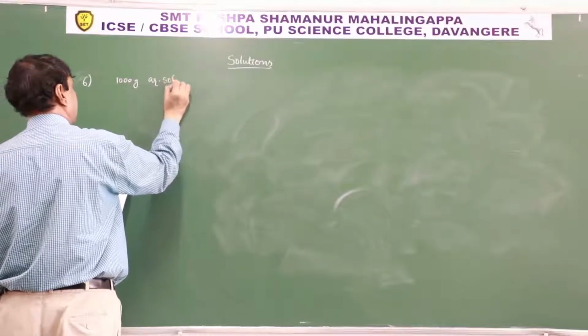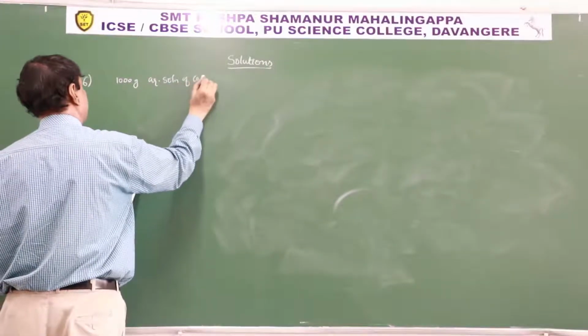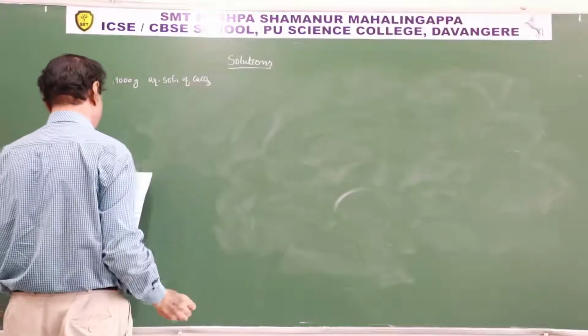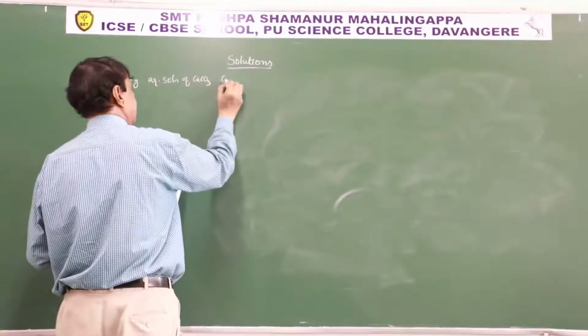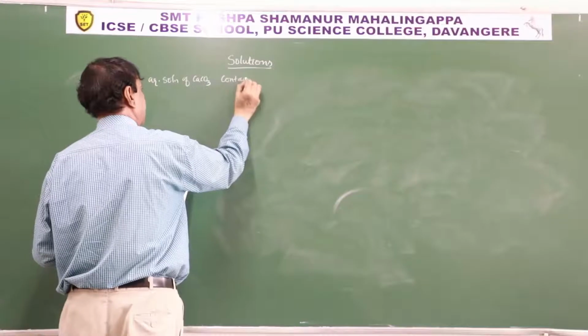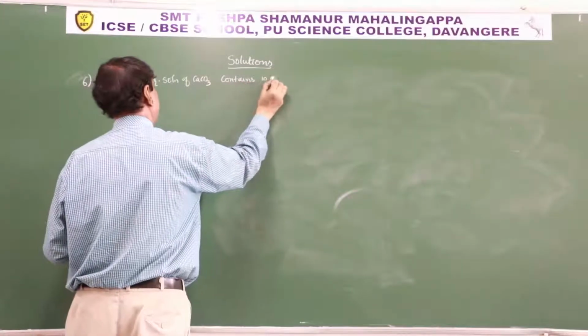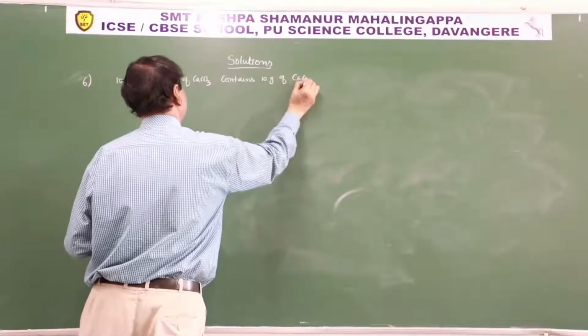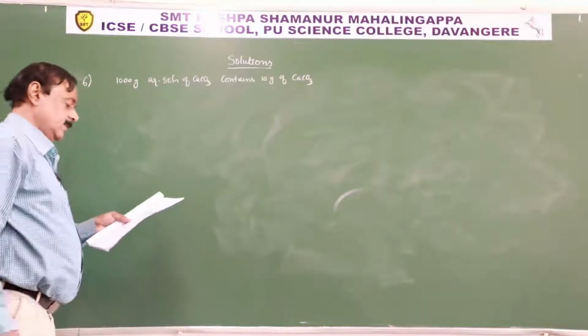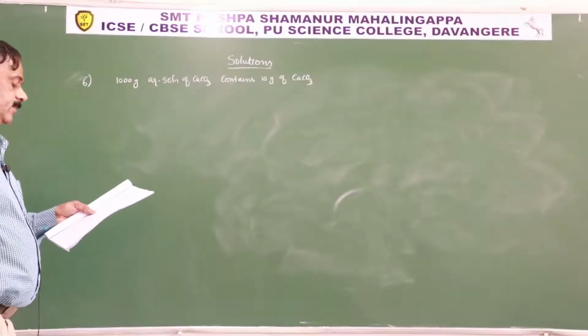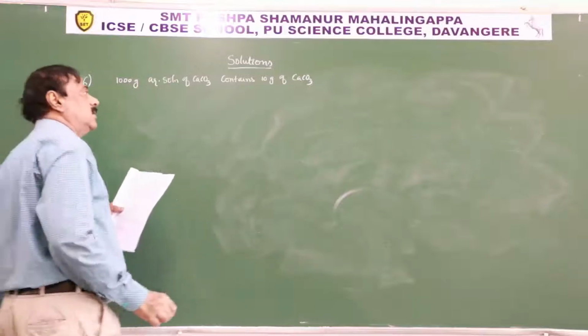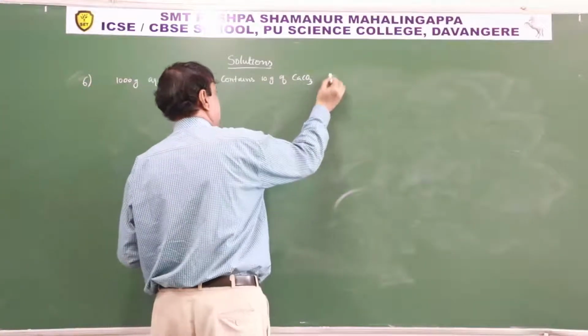The aqueous solution of calcium carbonate contains 10 gram of calcium carbonate. The concentration of the solution is dash.